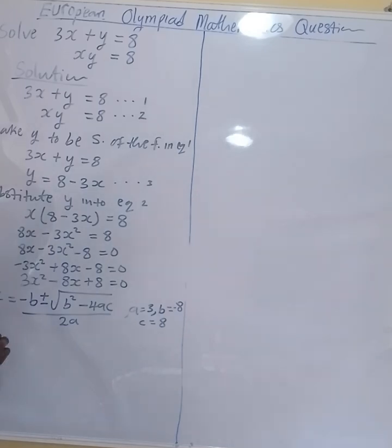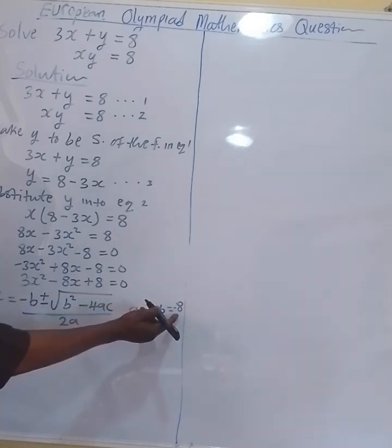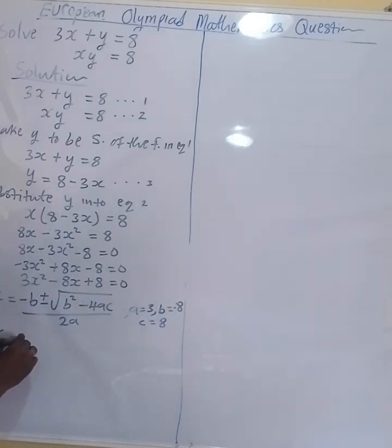So it will now give us x equals our minus b, which is minus of minus 8. So we have two minus signs there, and minus times minus gives you plus.